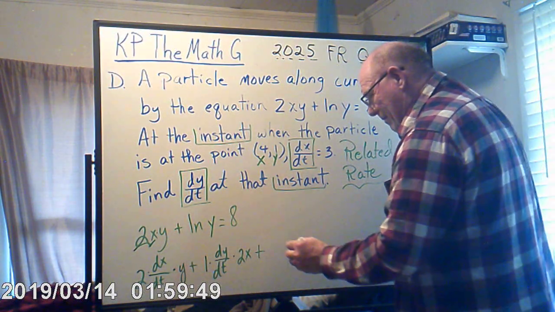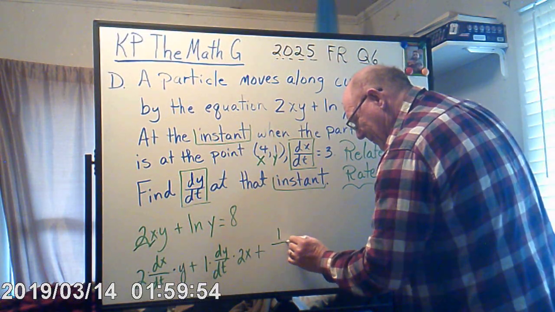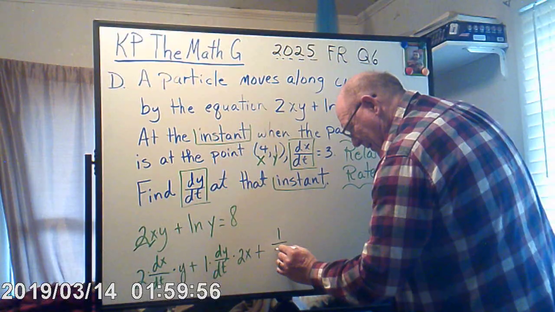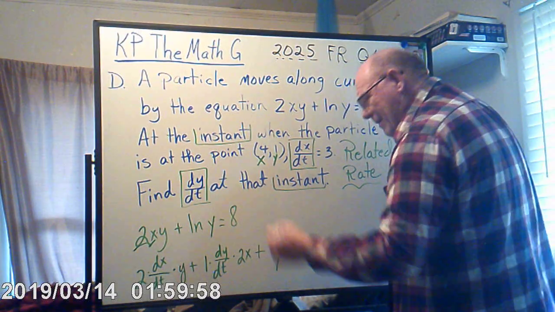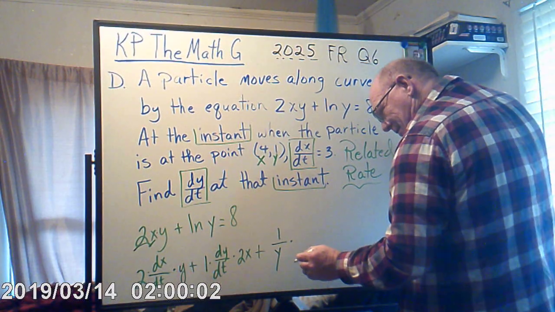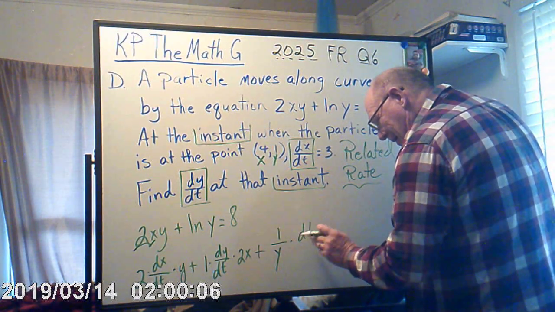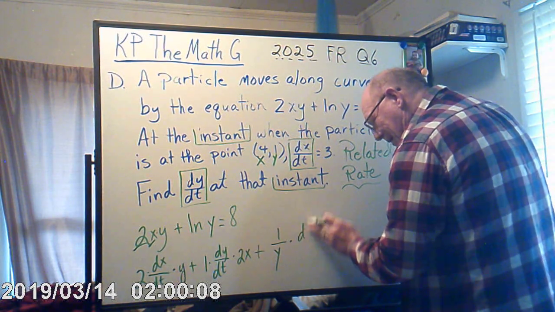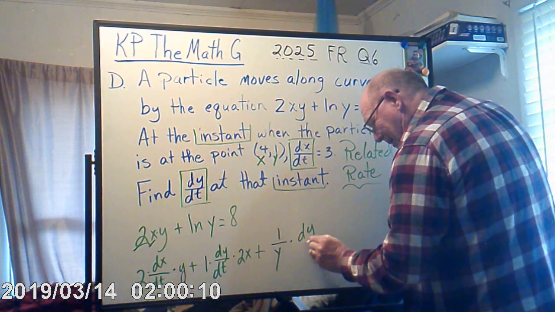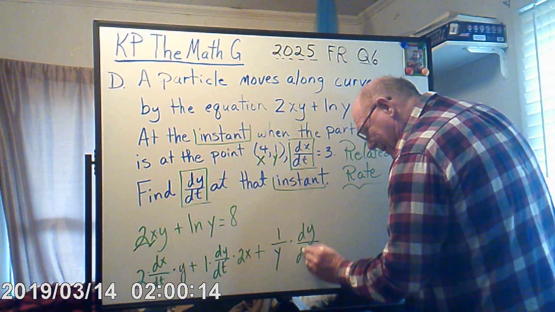Now lny. The derivative of this is 1 over y, and then the derivative of y is 1, so times dy over dt. Now remember, when you do the derivative of y, you do dy over dt.